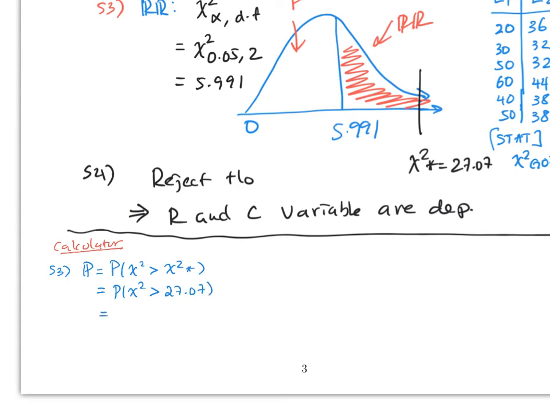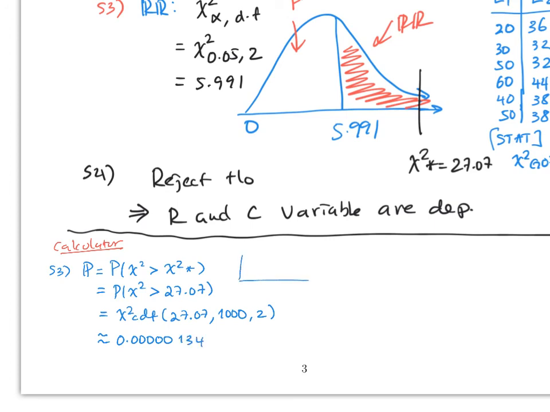Then you go to second variables. This will be chi squared CDF. The lower bound is 27.07. The upper bound is 1,000. And then the degrees of freedom is 2. And this is around 0.00000, 1, 2, 3, 4, 5 zeros, and then 134.